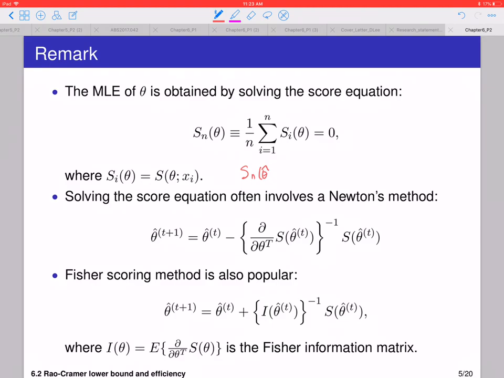One way to do that is to do a Taylor expansion, assuming that the second one is close to 0.